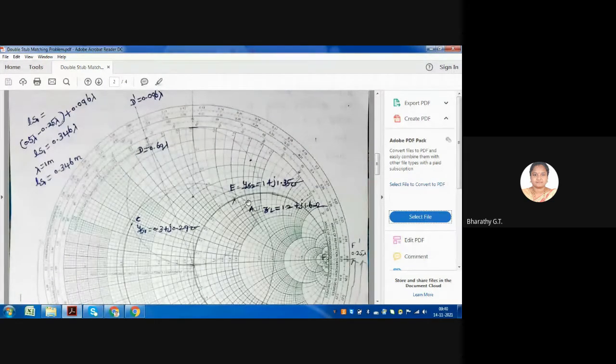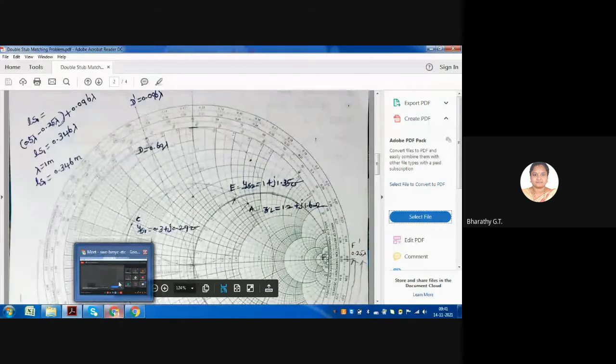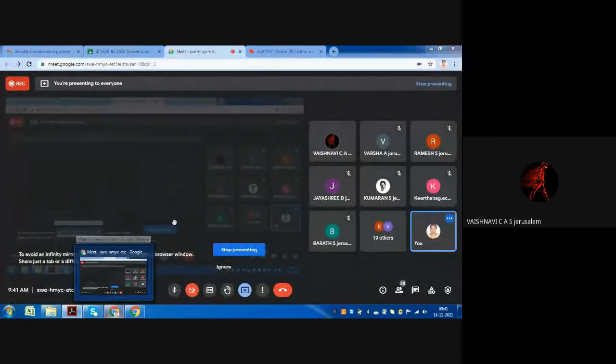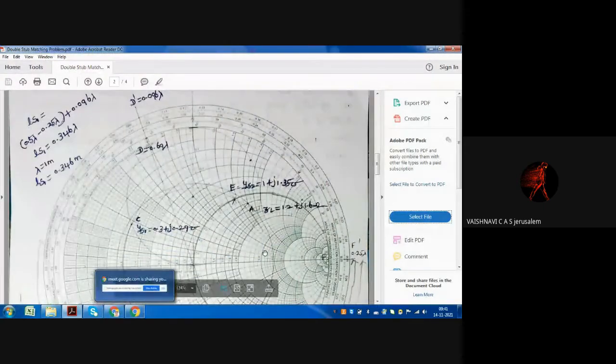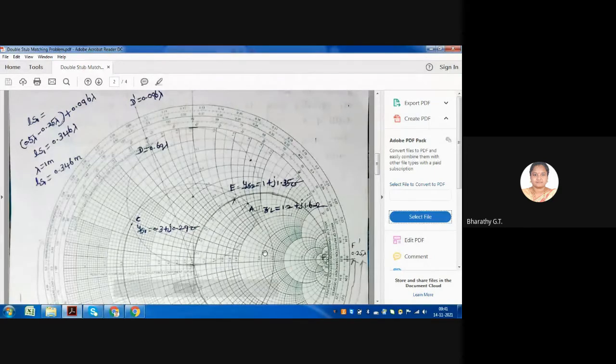Both are meeting at this point A. So mark the point A. Students, have you all marked the point A? I hope you have marked the point A.